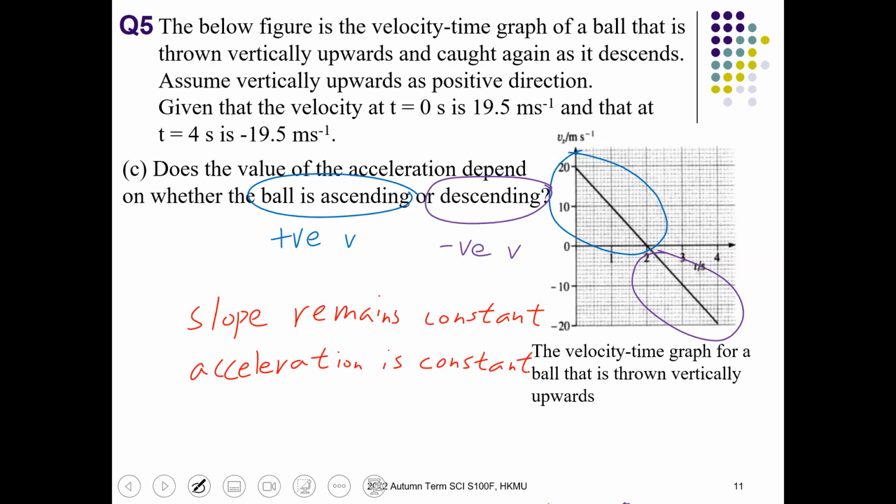This information can be drawn from this graph, or this is based on part B. From part B, we only have the information of acceleration equals to -9.8. This exactly tells us the acceleration is constant. If the acceleration is constant, for sure this is independent of these two scenarios.